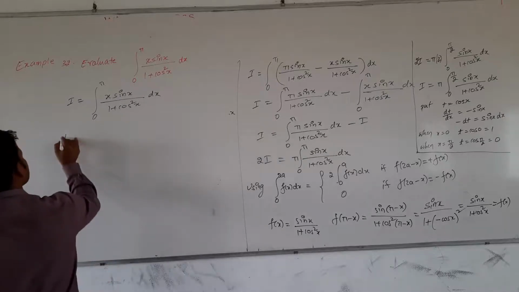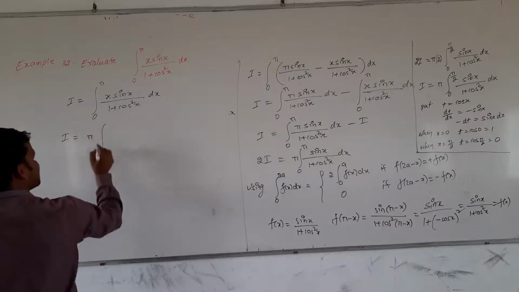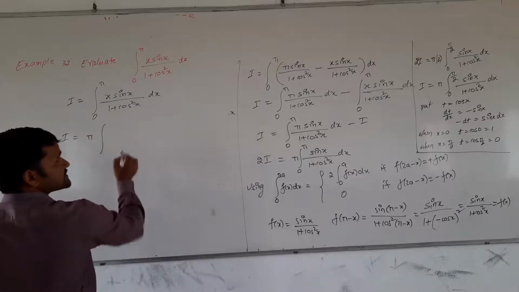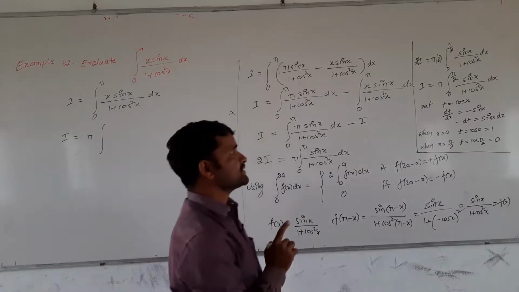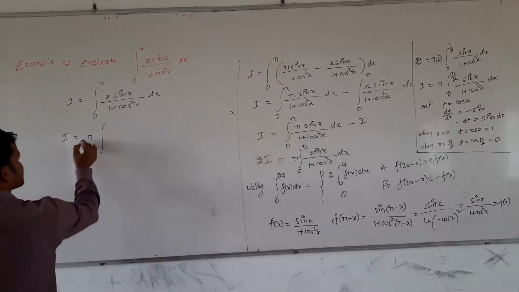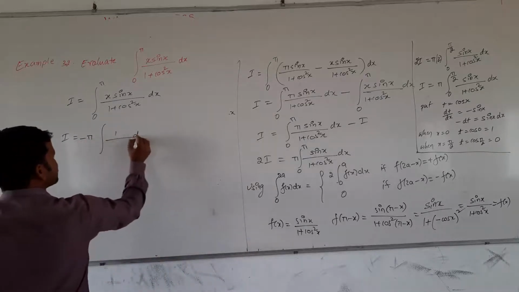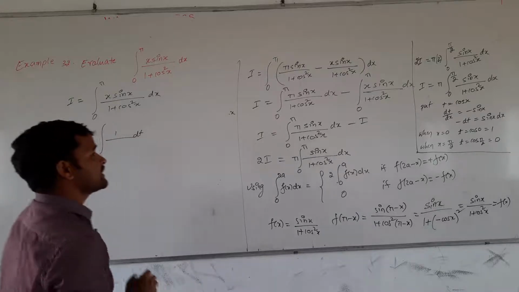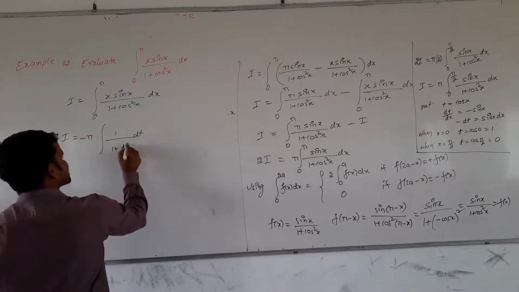Now what do we do? I is equal to pi times the integration of sin x by 1 plus cos square x. Sin x dx is minus dt, that minus I will write outside, into dt by 1 plus cos square x, cos x means t, so 1 plus t square it will be.